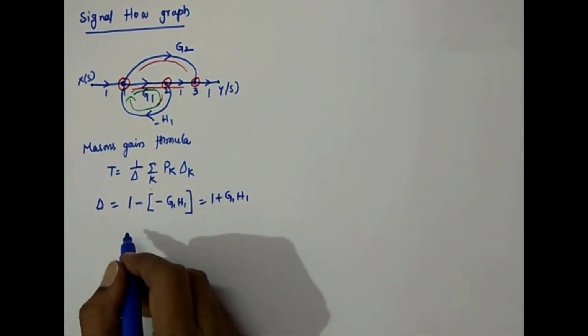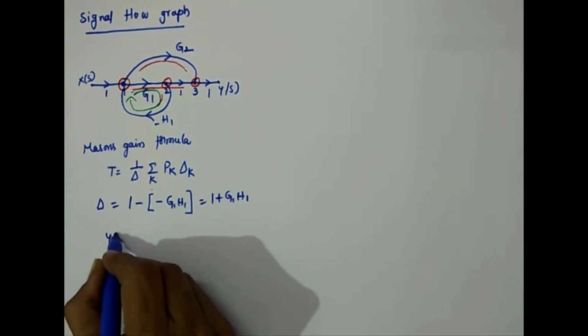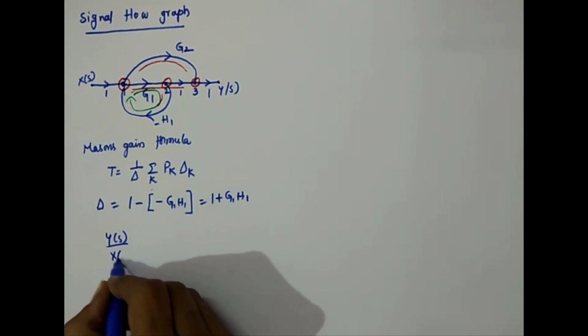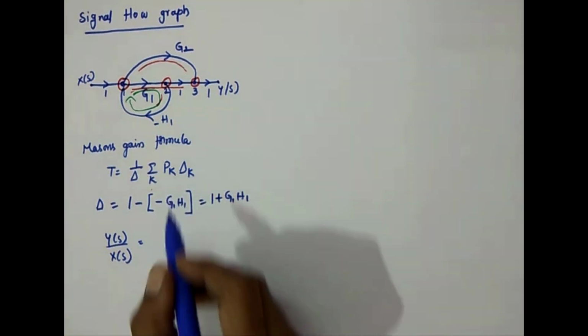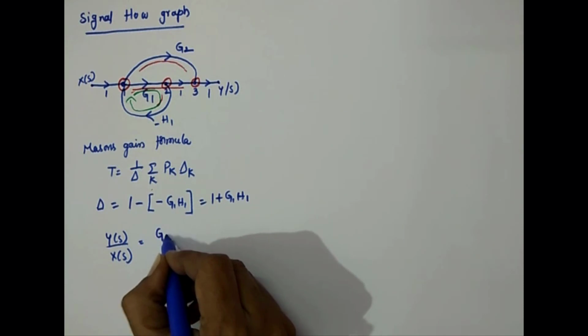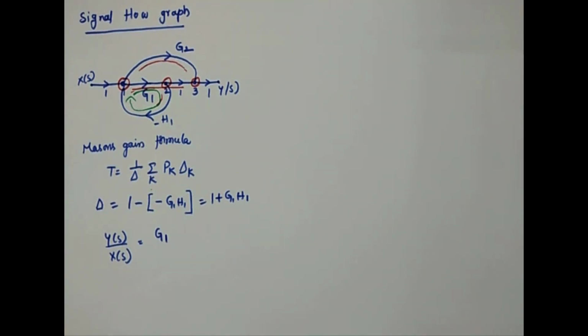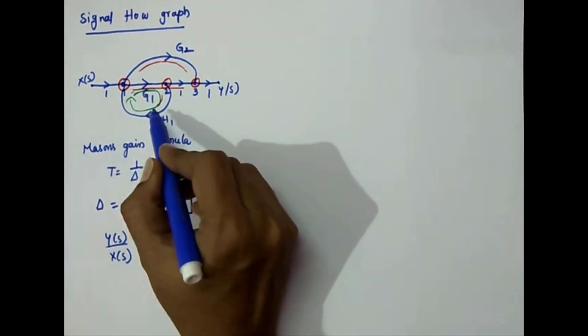Okay. So now what is your transfer function? Here the transfer function is Y of s by X of s. Okay. What is Pk here? First path is G1. What is delta k actually? The value of delta for the part of the graph not touching the kth forward path. Here, in the delta we have only one loop, that is G1 into minus H1.